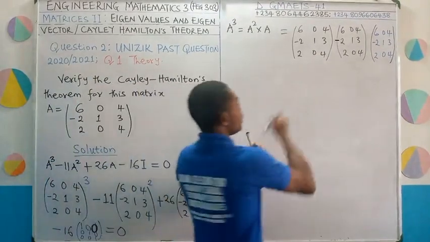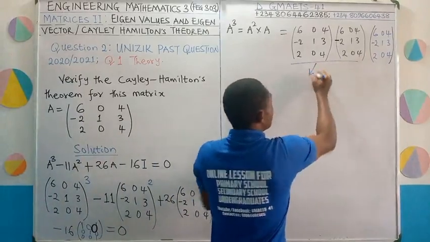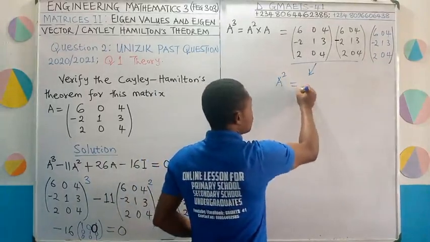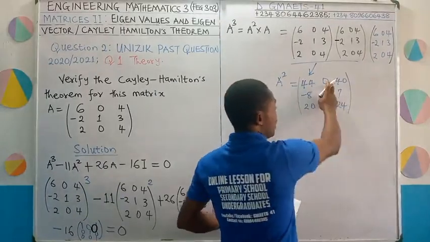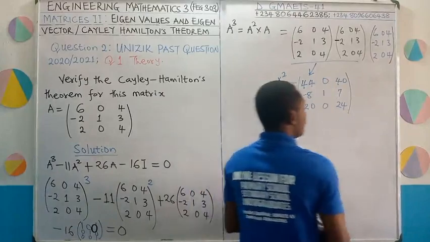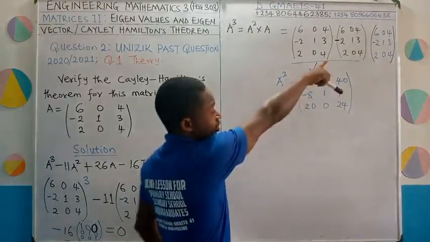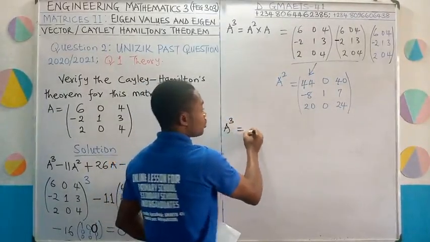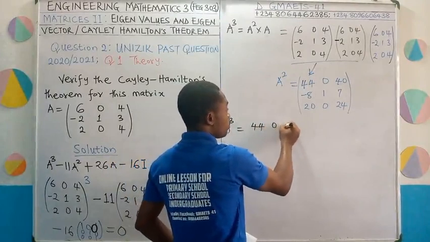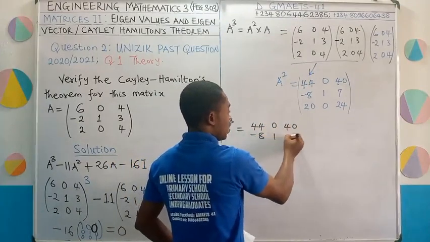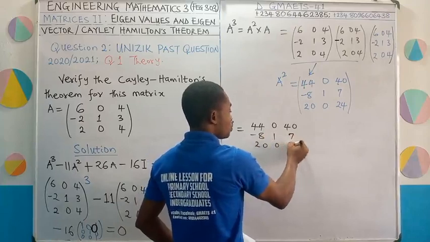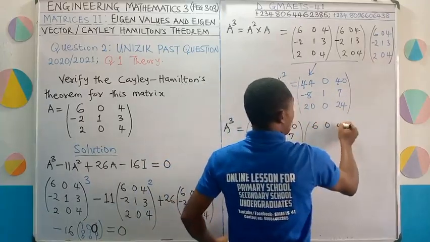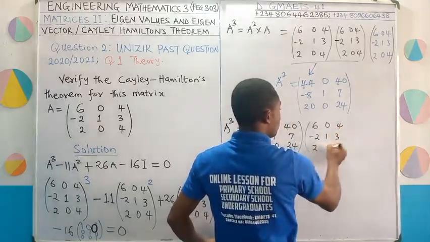If you do so, this is going to give you, let's find out what this A squared would be. Now that is A squared. That's our A squared here. And then remember that we are multiplying it by this to get our A cube. Okay? So A cube will now be equal to 44, 0, 40, minus 8, 17, 20, 0, 24 multiplied by 6, 0, 4, minus 2, 1, 3, 2, 0, 4.